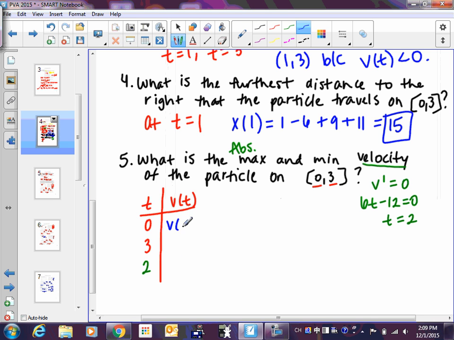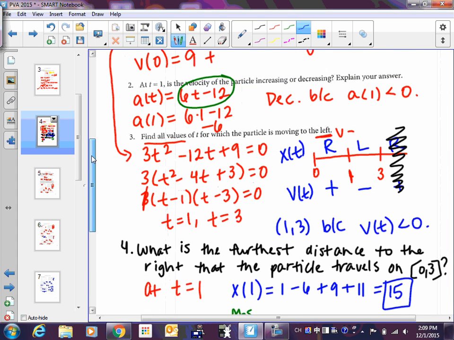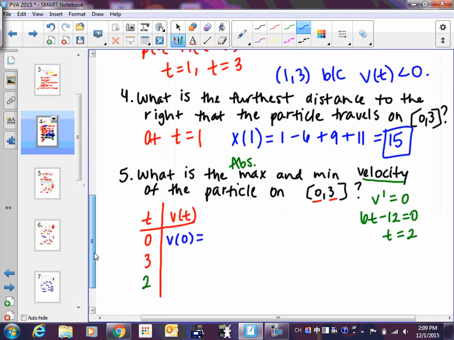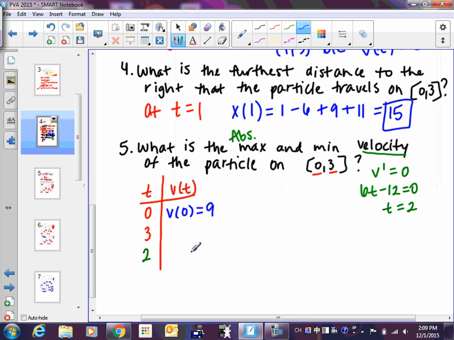And so we need to plug this into actual velocity. Go up until you can see the velocity equation. And so if I plug 0 in, what do I get? 9. So that's what I have right now. I'm looking for something bigger or smaller than that. Okay, what do you get when you plug 3 in? And you may want to use a calculator for this.